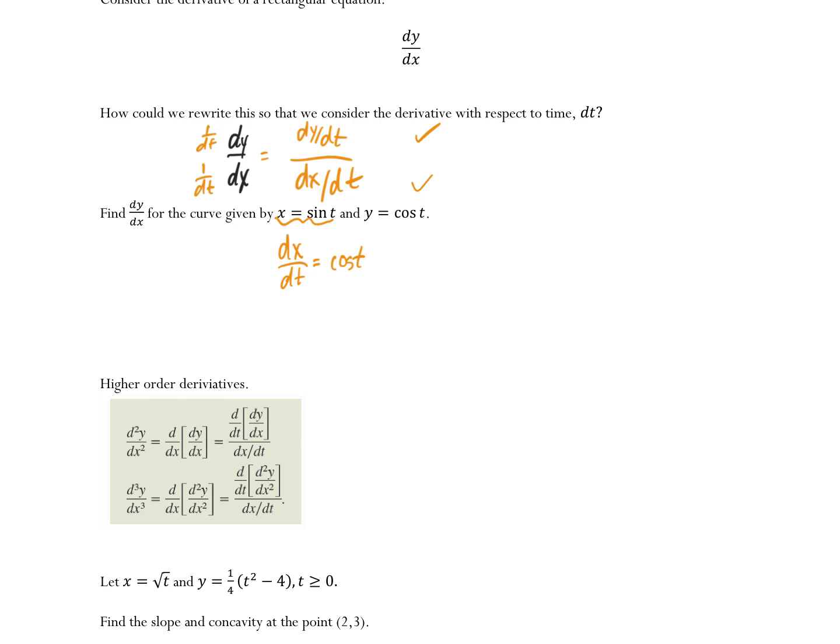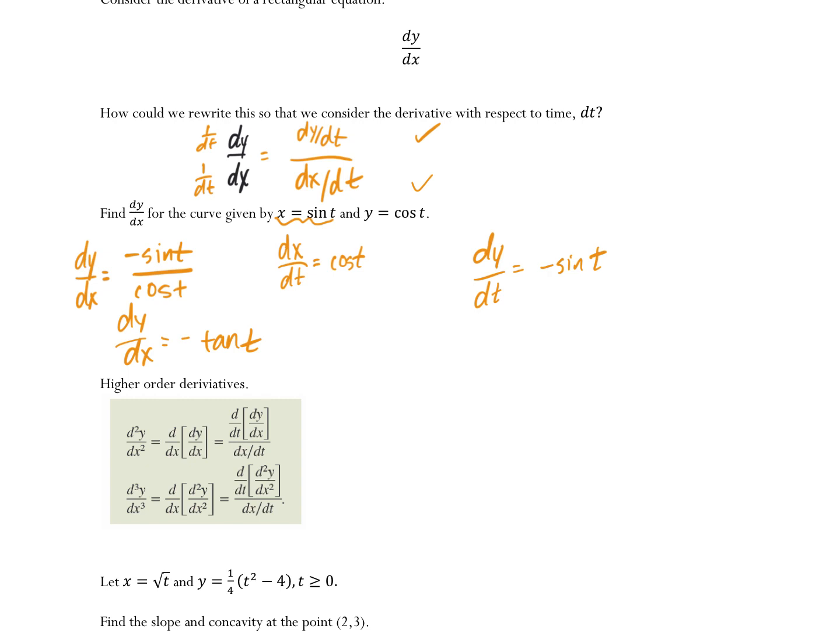We already found dx/dt. For dy/dt, the derivative of cosine t is negative sine t. So dy/dx is dy/dt, negative sine t, over dx/dt, cosine t. So dy/dx is negative tangent of t.